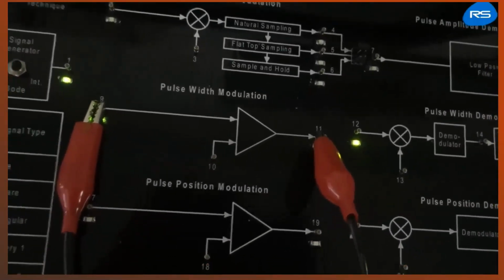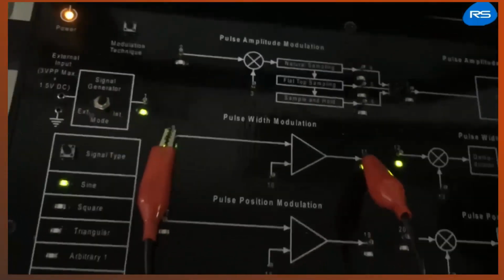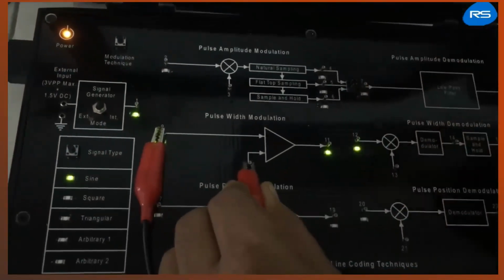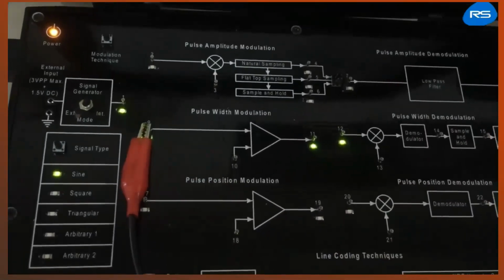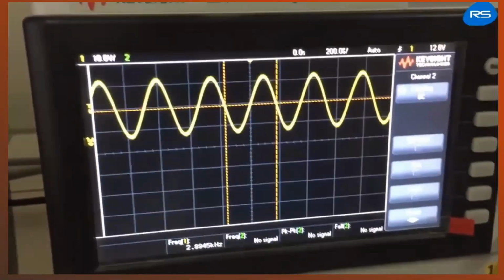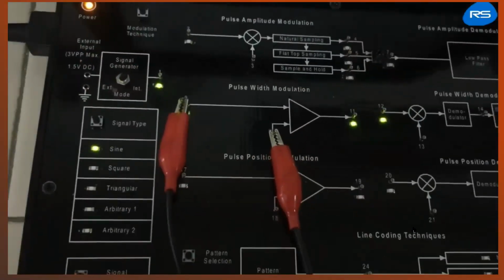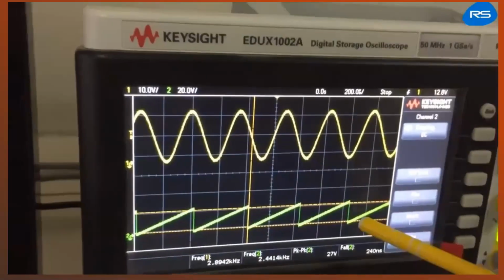Let us observe waveforms. At point number 9, the message signal is displayed like this, and at point number 10 we have a carrier signal, which is a triangular waveform, shown here.